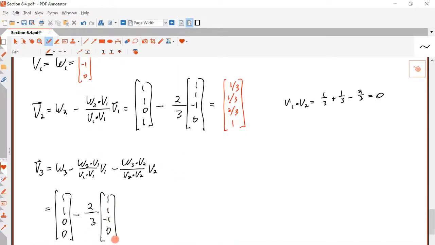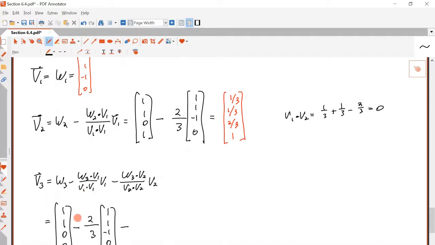Minus W3, which is this vector right here, dot V2, which is this vector right there. This vector dot this vector is 2/3, divided by V2 dot V2.